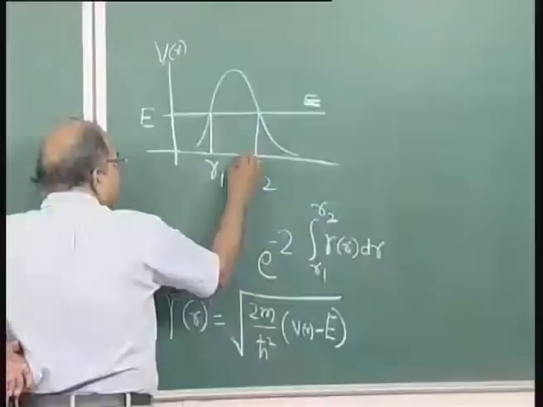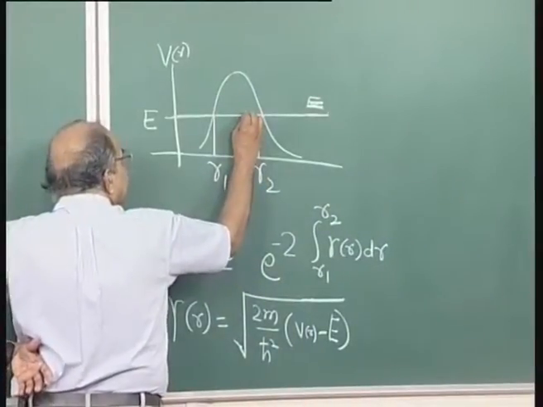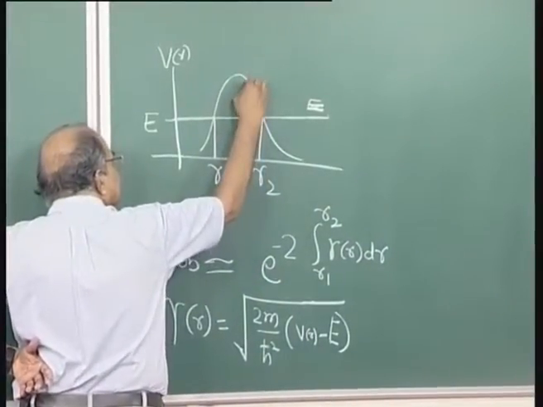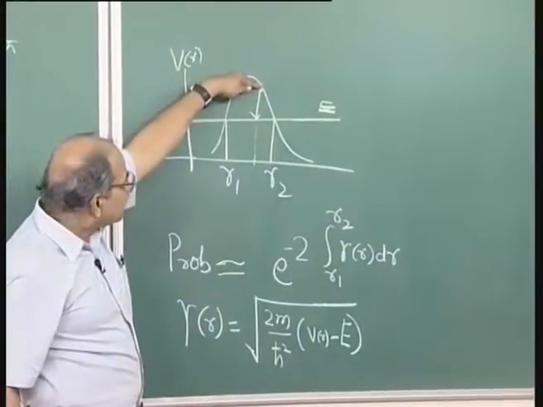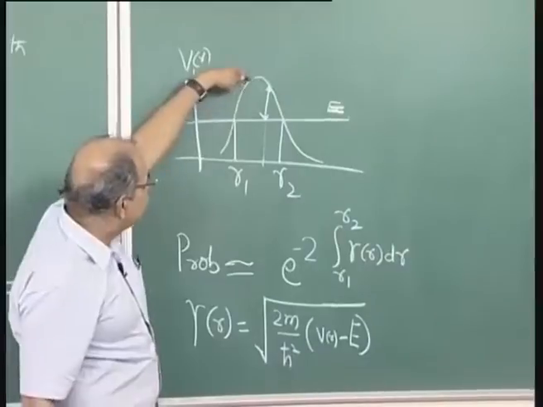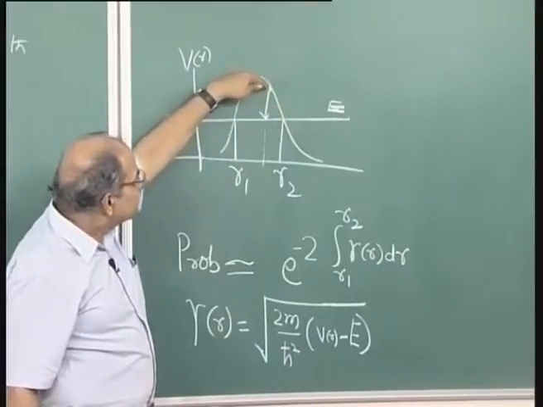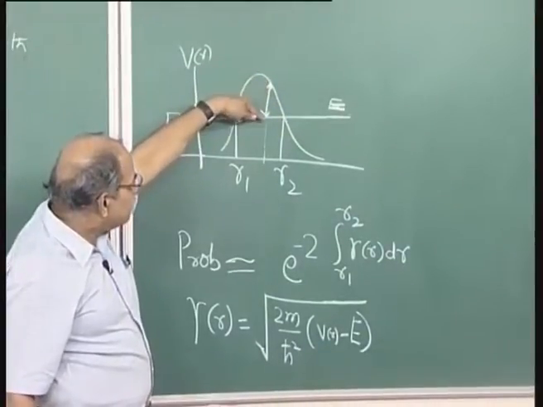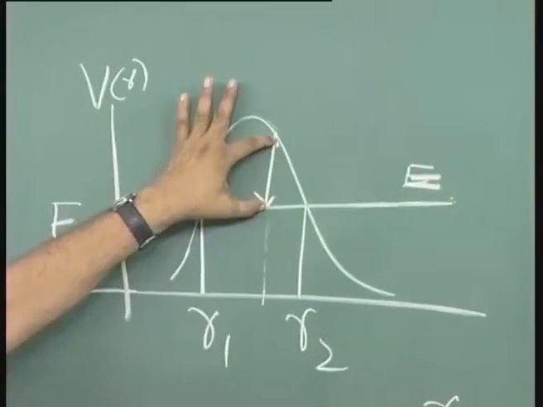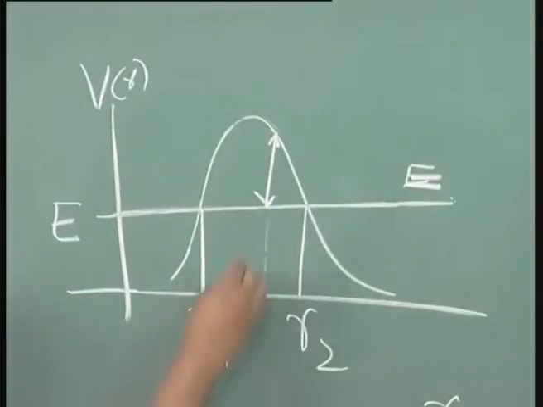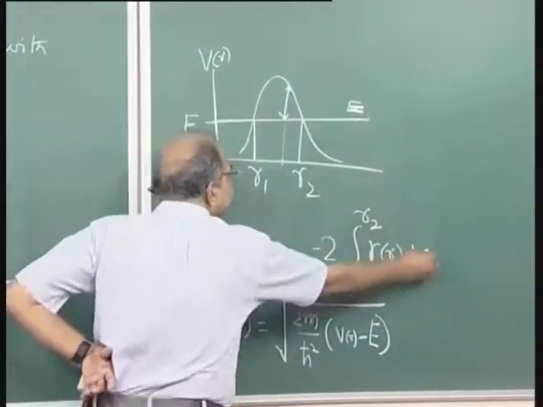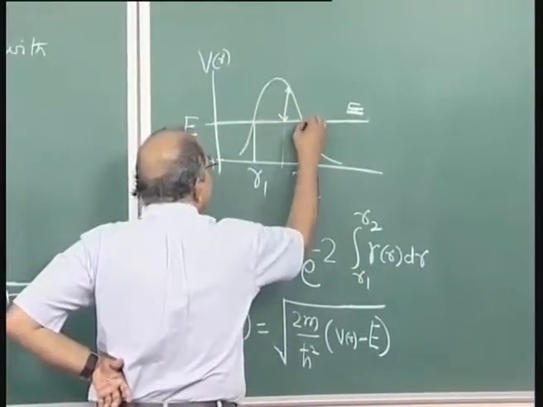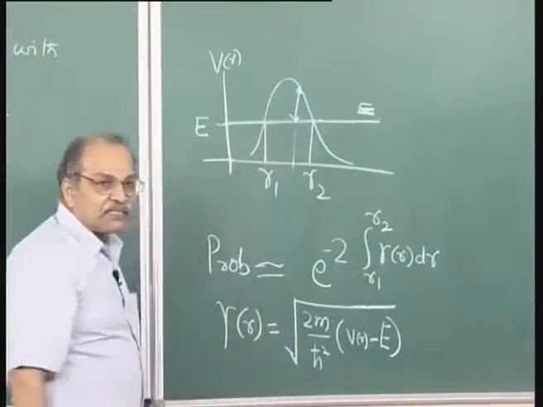So, at this r, for example, it is this one, this is V(r), this function is for the potential energy, this is V(r) minus E. So, this much, and this into dr. So, this into this, the square root of 2m/ħ², and then dr, and this you integrate from here to here to get that probability.